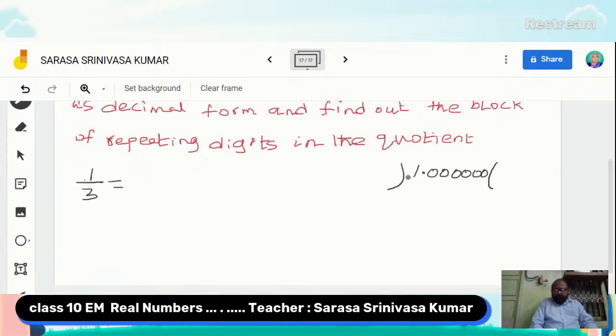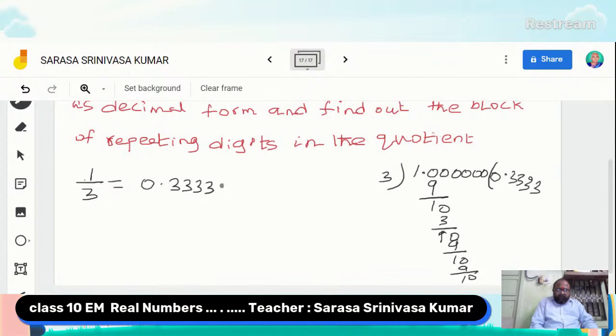You have to take 3 into 10, 9, 10, 3, 9, 10, like that. You must write here 0.3333 and so on.